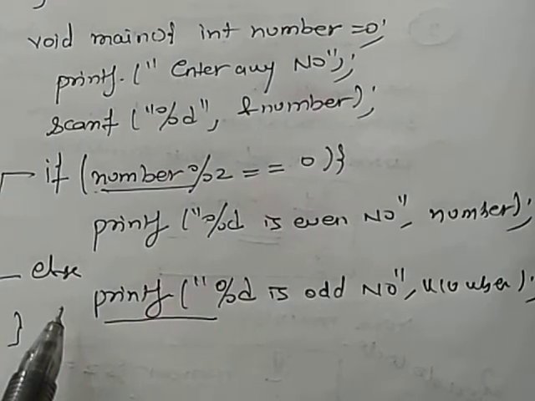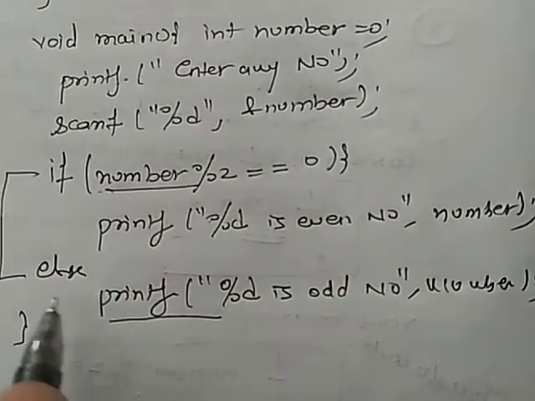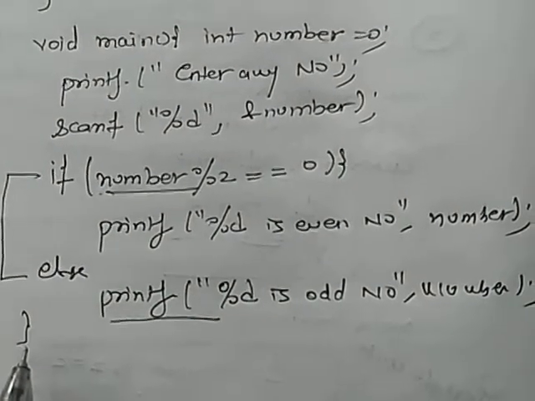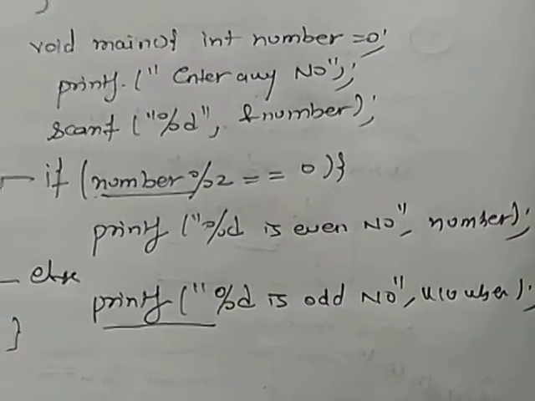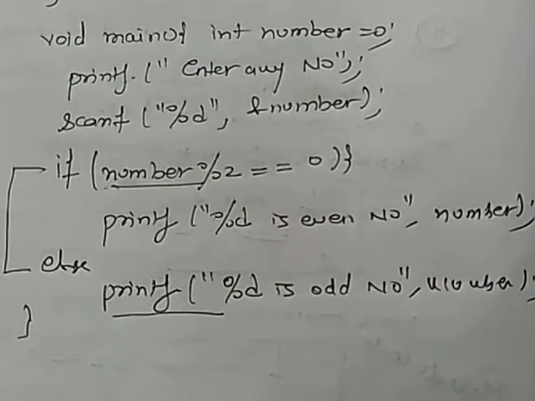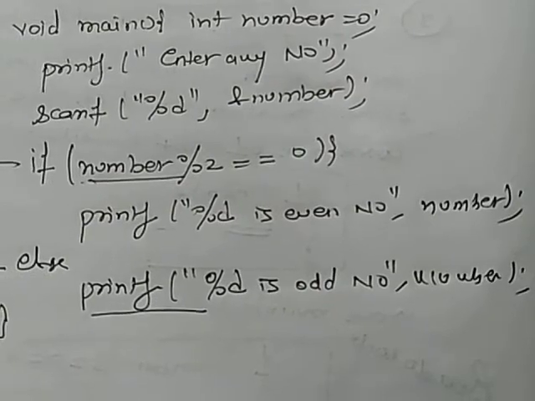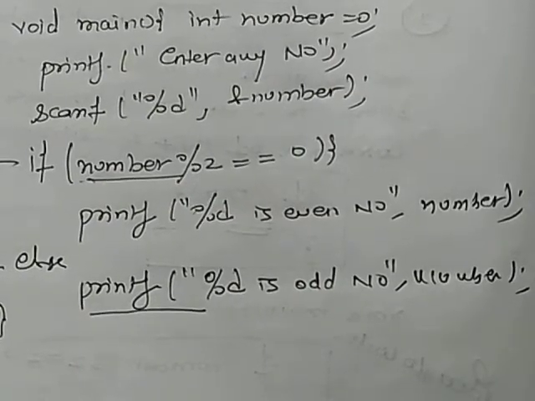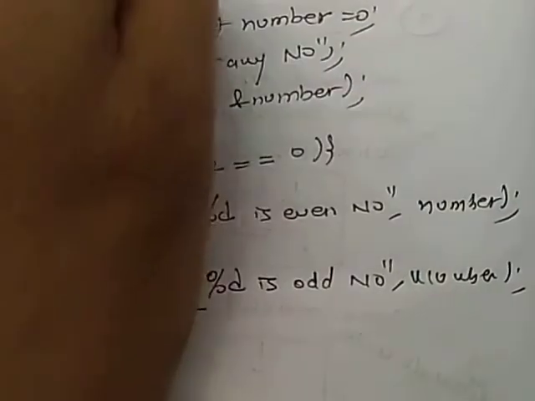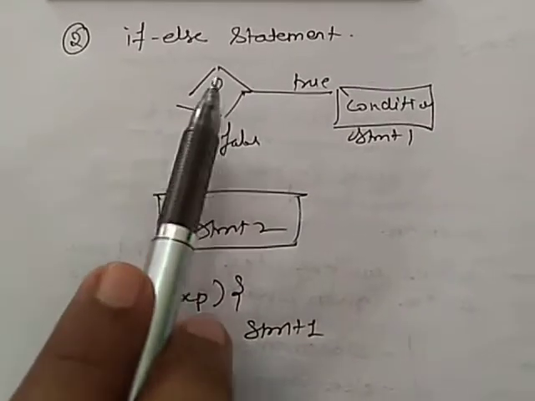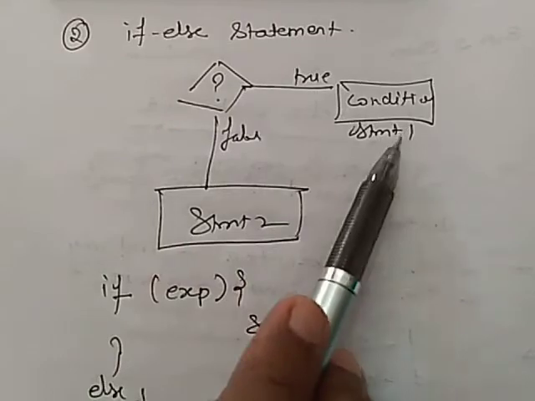Now we have another variant of the if else statement, that is known as the if else ladder. In this, the various statements are linked together. Now, as the flowchart is given here, if the condition is true, statement 1 is executed.